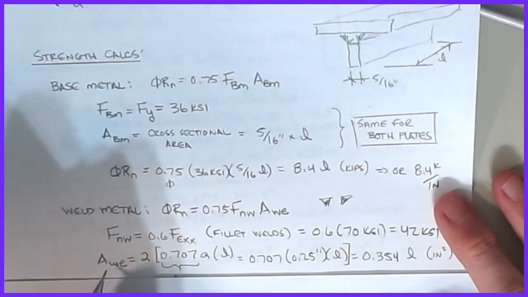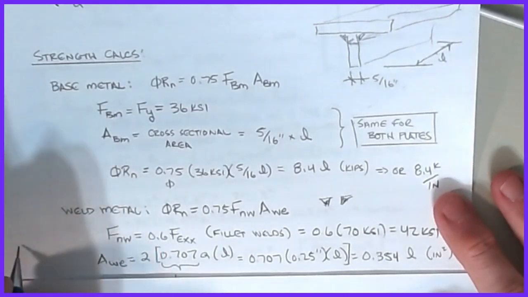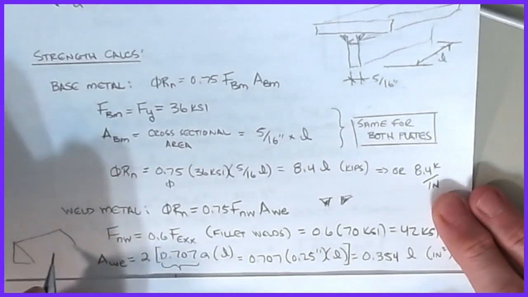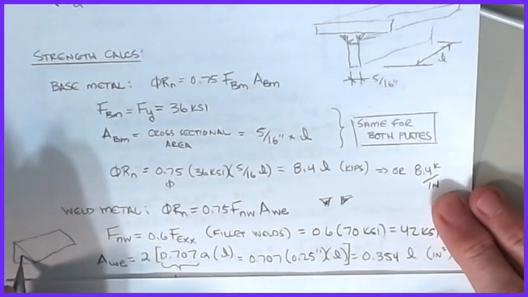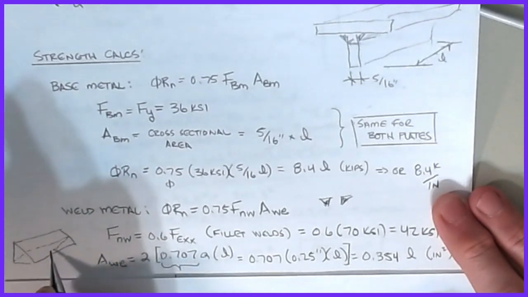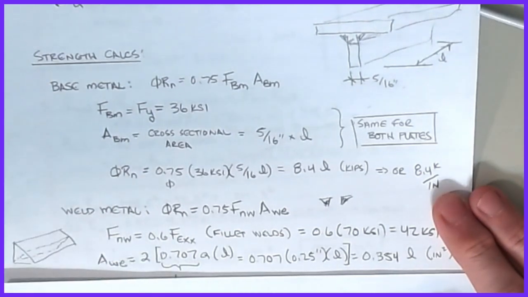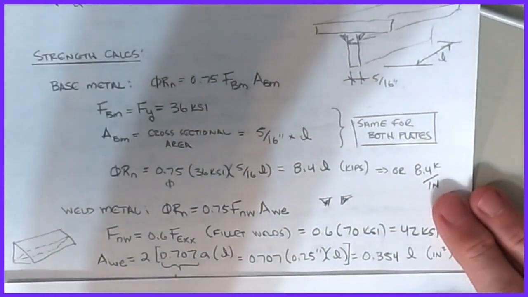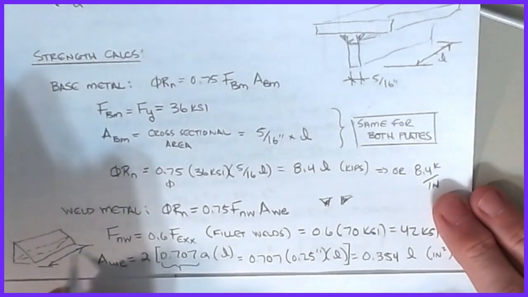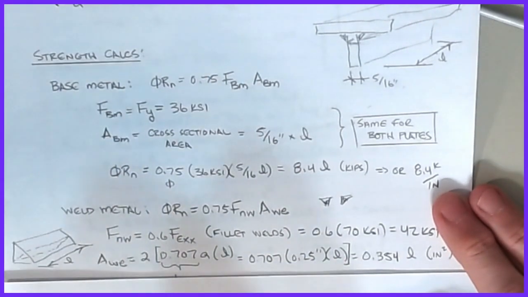Then the area of the weld that has to fracture: if you think about this weld as a triangular prism, and this is my critical section, I have to fail it on that plane. It's that 45-degree plane that goes down the entire length of L. That's all we're calculating.